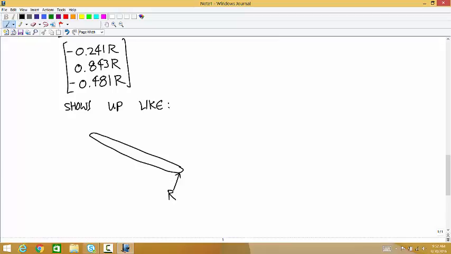Well, it turns out you don't have to. That would suggest that you have either 3 in 3D or 2 in 2D variables to solve for. That means you need 3 equations or 2 equations. It turns out you only need 1 equation to solve for this because we already know the direction.